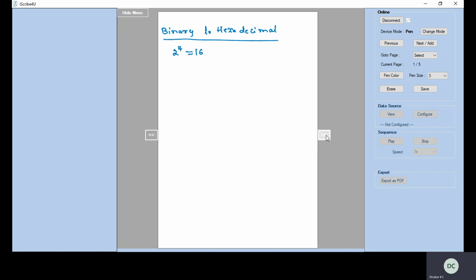Let us take the number 110100.10. So this is the given binary number. You are going to convert it into a hexadecimal number.